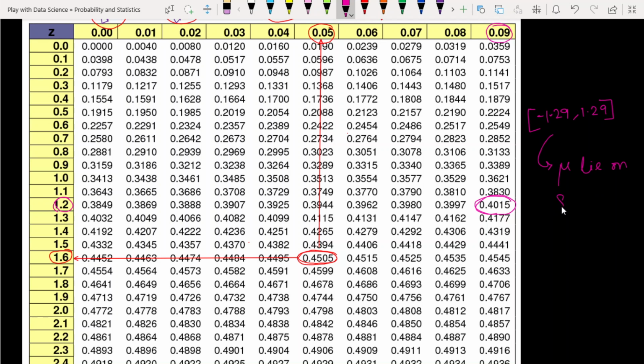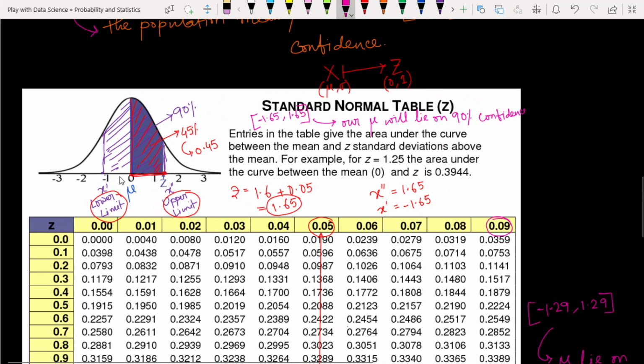lies with 80% confidence. This is common sense, because if we make the area smaller, closing the area, it means we are much closer to our mean, and we have reduced our confidence level.